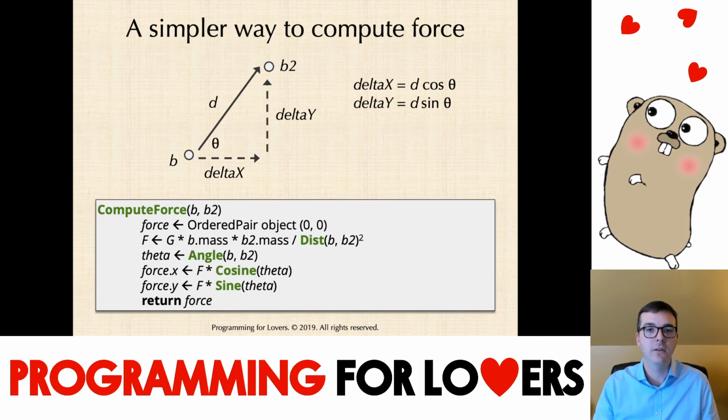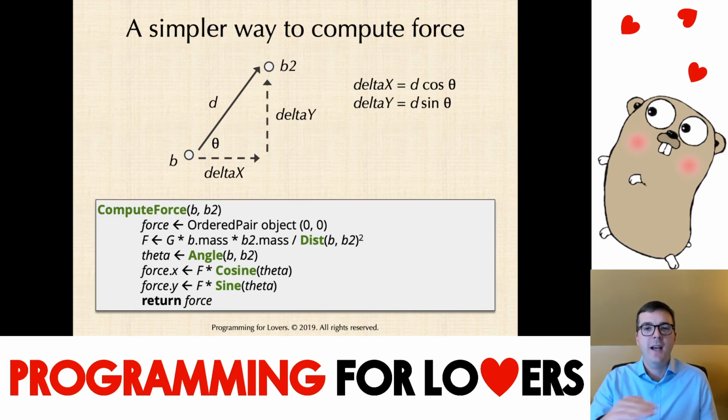That's analogous to the formula that we saw before. And the change in the y direction is equal to d times the sine of that angle. That's great, but actually in the case of 2 bodies, we will be able to easily compute the distance, d, and it will be a little trickier to compute theta, and all we want is cosine and sine of theta.